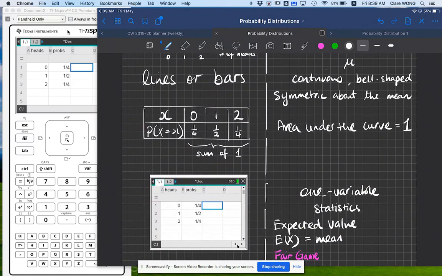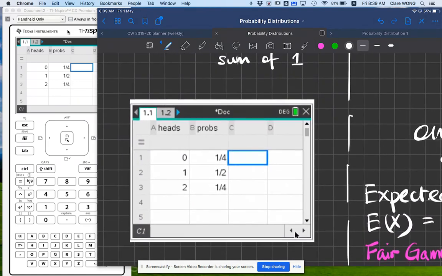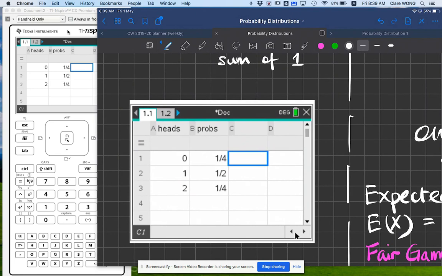In terms of using the GDC, we can use the list spreadsheet and enter it. But we need two columns. The first one, number of heads, so we will have 0, 1, 2. So that's our x. And then the probability of the random variable taking on these values accordingly would be a quarter, half, and a quarter.